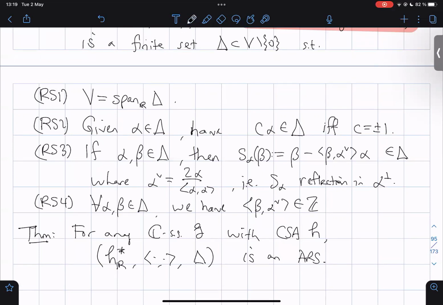It satisfies all these conditions that we've axiomatized up here.